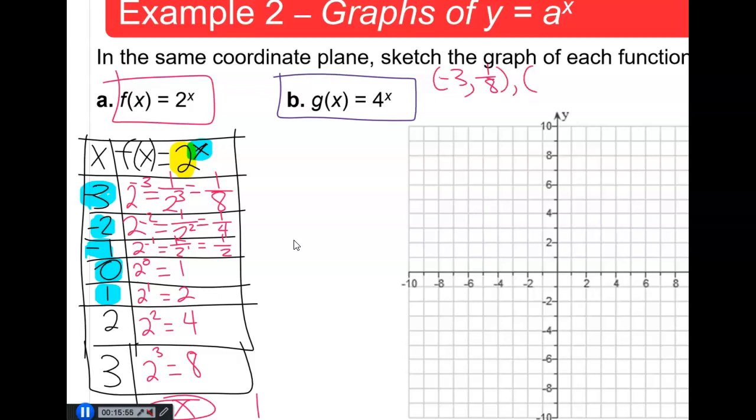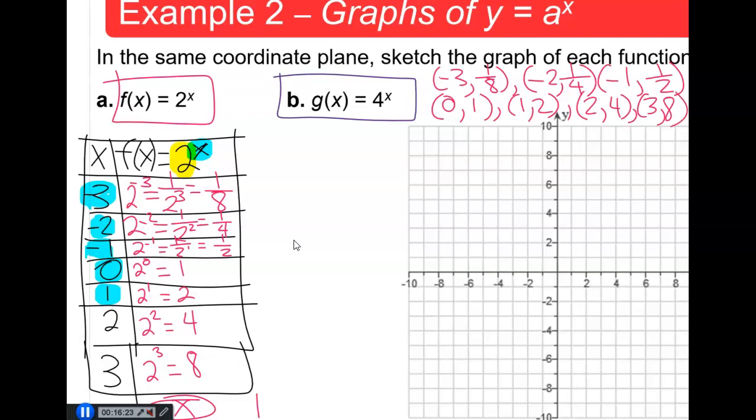And then we're going to plot -2, 1/4. If you see, they're just coming from the table, so this is not necessary. I just want you to make sure you know where the points are coming from. Then we have 0, 1. Then we have 1, 2. And then 2, 4. And 3, 8.